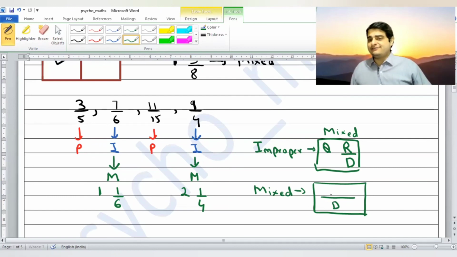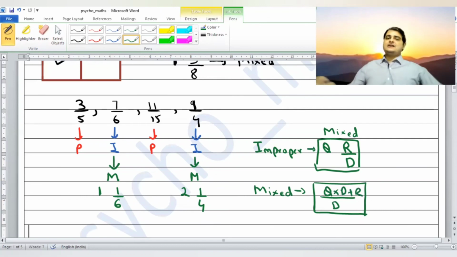So 2 into 4 plus 1, there were 9 friends. So quotient into divisor plus the remainder. Similarly, you can check with the earlier one. It was 1 chocolate having 6 pieces. So it was 1 into 6, 6 friends, plus 1, which you took from the second chocolate. So there were 7 in all. Is it clear?